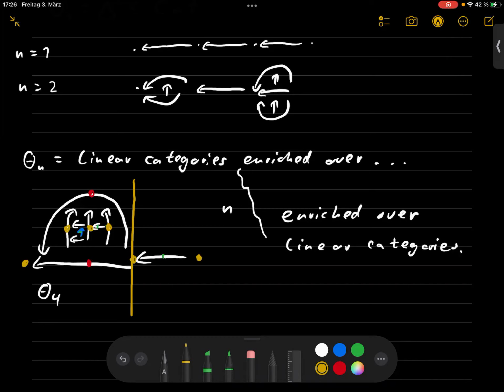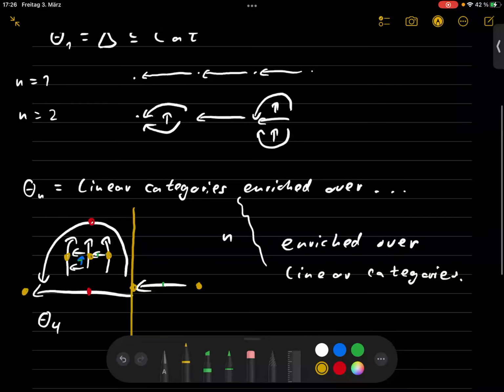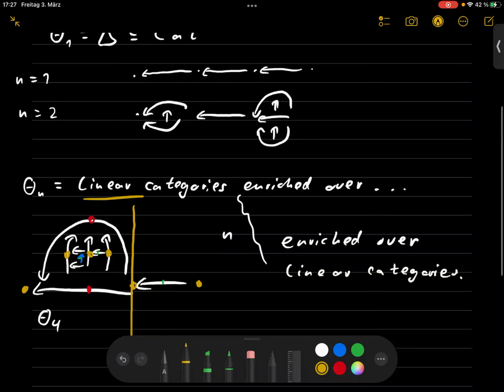Okay, and this is already the full definition. Now we just say that theta n is the full subcategory of n-categories on these linear categories, on these ones.